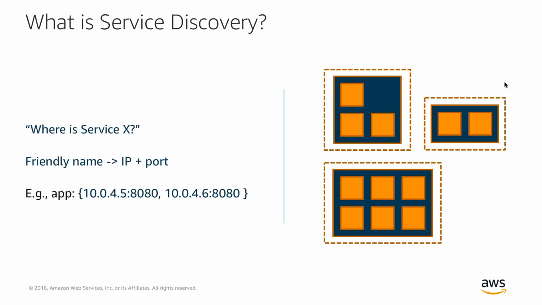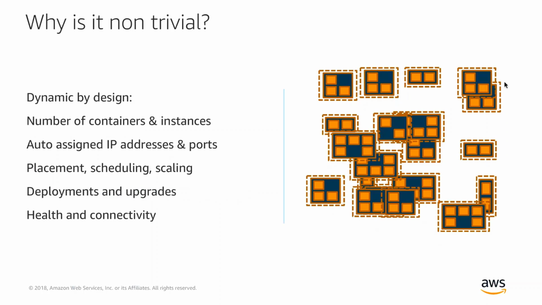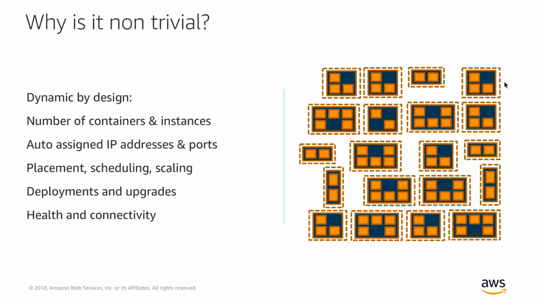So why is it a non-trivial problem to solve? Well, first of all, modern application architectures are dynamic by design. They're scaling up and down. They have a different number of containers and instances, perhaps, for the various different services. And they're changing throughout the day. They're scaling up and they're scaling down. Many workloads are even running on spot instances.